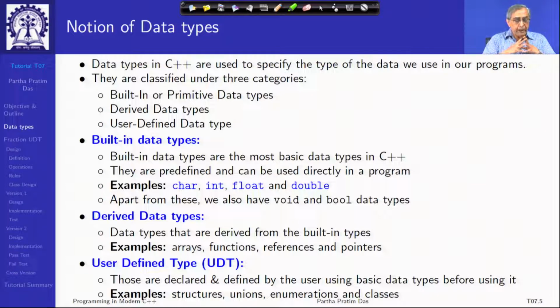In built-in types we have different kinds of char, int, float, bool, even we have void. In derived types, arrays, functions, even references we have. In user defined types, the user has the liberty to define the set of nominal values of the data type as well as its operations and its properties, axioms, so to say.